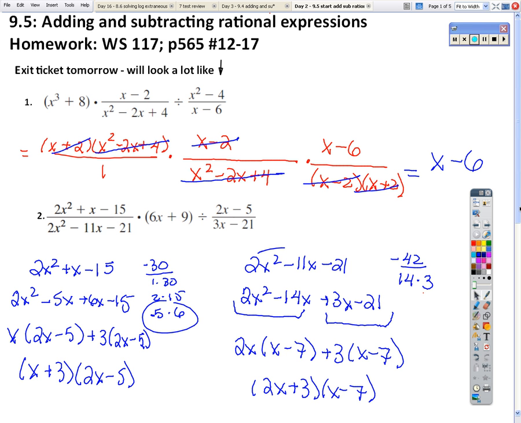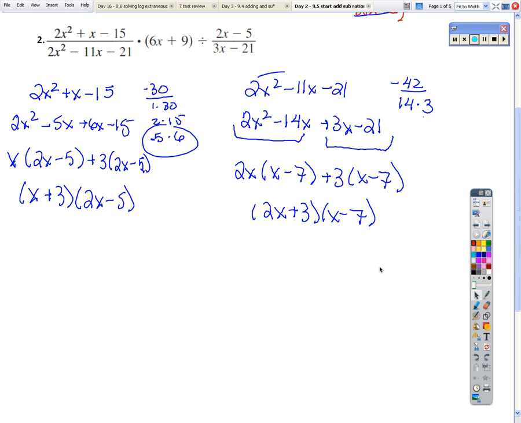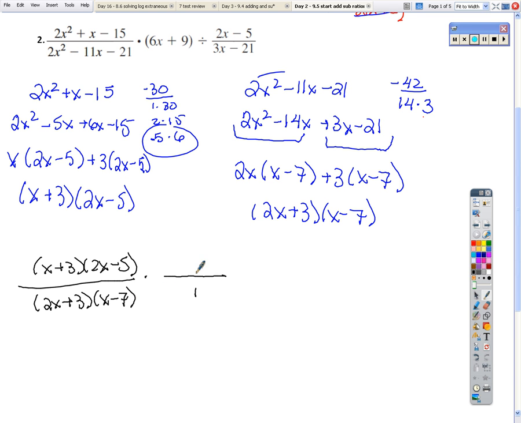Okay, so now using that to simplify our multiplication problem, I'm going to rewrite this first fraction now in the factored form. Times, well, 6x plus 9 share a factor of 3.